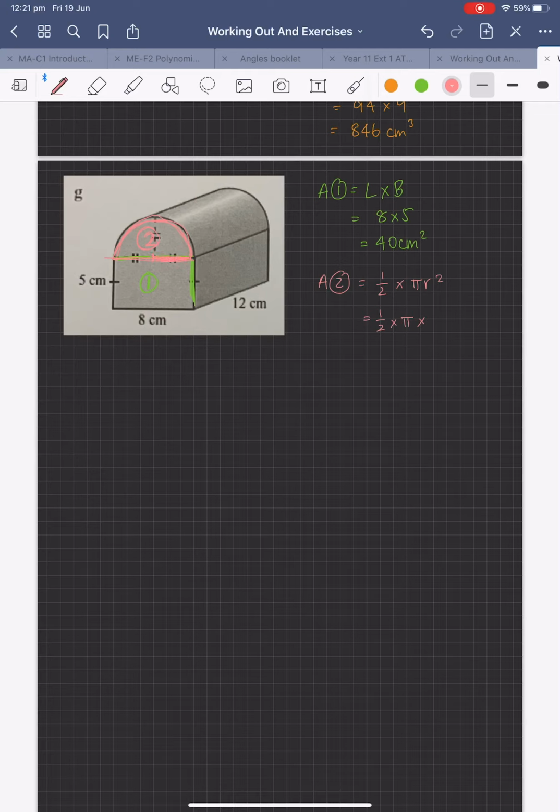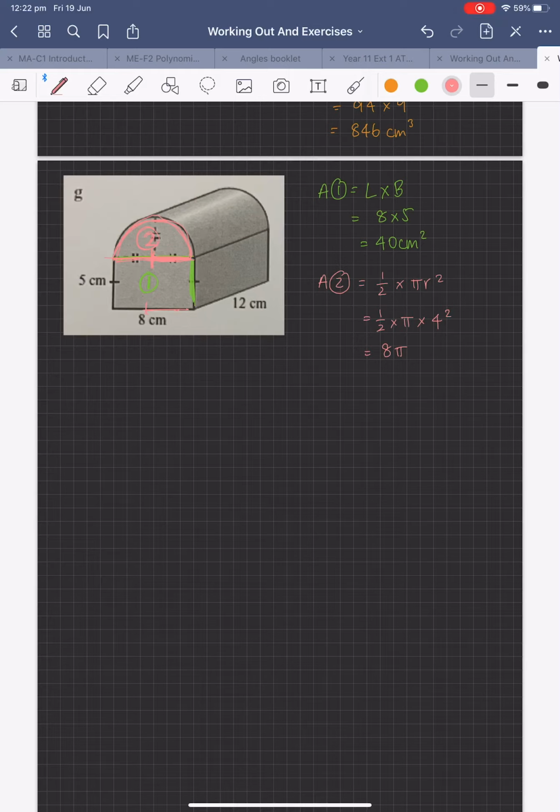It's going to be 4. Be careful, it's not 8. The radius is from the center to the outside, so it's only 4, and 4 squared. I'm going to leave this as an exact value because I don't have my calculator with me. 4 squared is 16, and half of 16 is 8, so it's 8 pi.